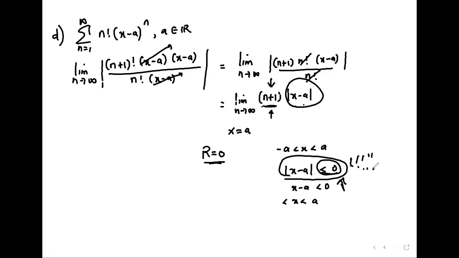I hope you understand here. Because this factor is infinite, the limit comes out to be infinite times x minus a. So unless x is equal to a, so that we get 0, there will be no convergence. Because if we get 0, then since 0 is less than 1, we're okay, we can talk about convergence.